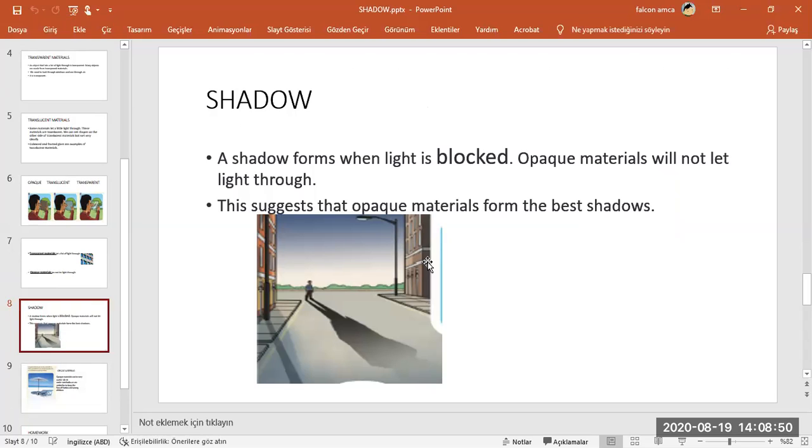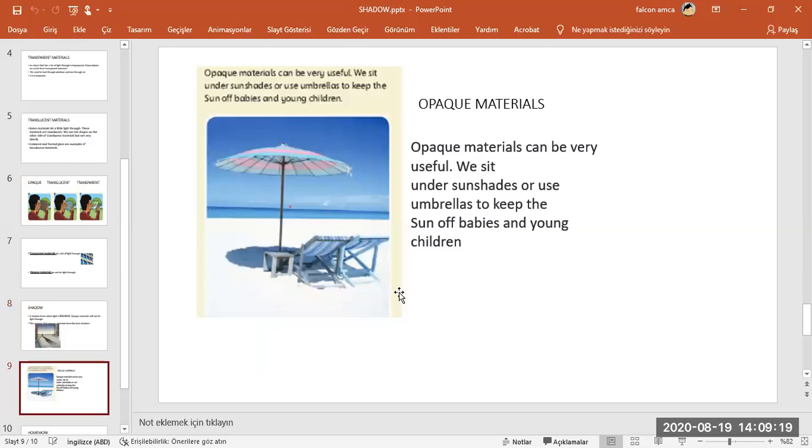And you know, shadows change according to sunlight, especially at, we can say, 12 or 1 o'clock, the shadow will be larger, bigger. It means shadow size changes according to sunlight.